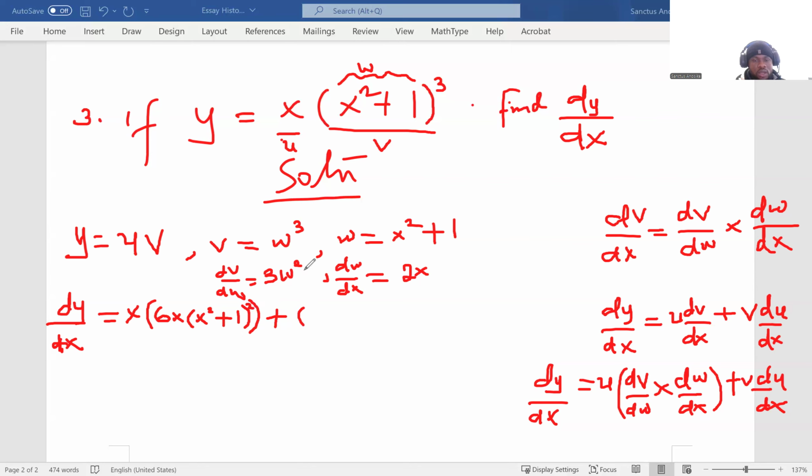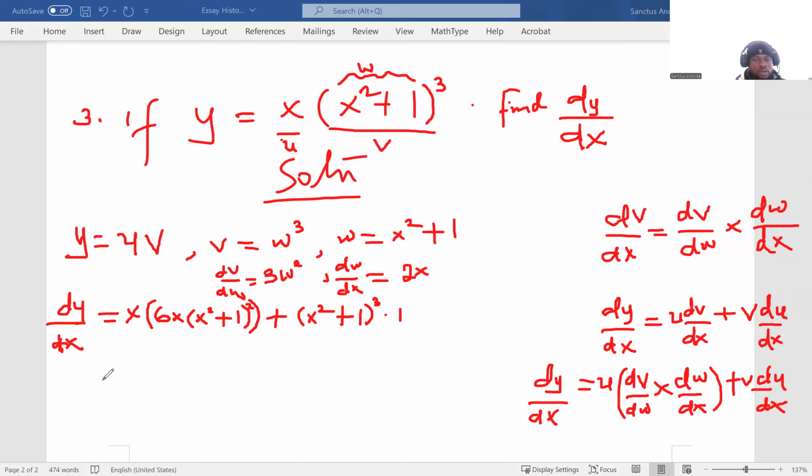There's a square here, this square. Okay, so we're going to have x squared plus 1, all to the power 3. Then what is du dx? It is 1.